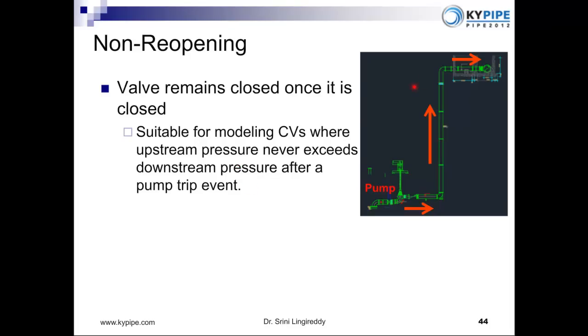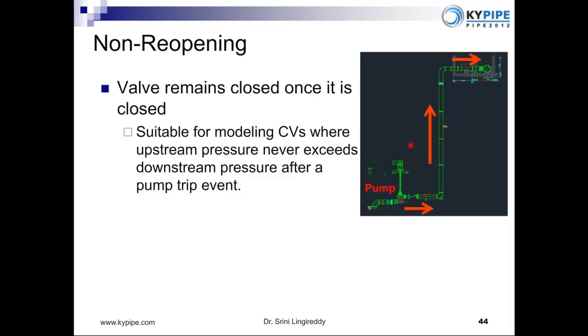So the check valve would pretty much remain in the closed mode in reality. But in the model, because of the slamming effect, there may be momentary increases or decreases in the pressures on the upstream and downstream side, which may result in check valve chattering.